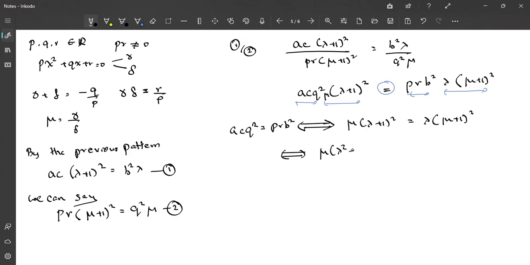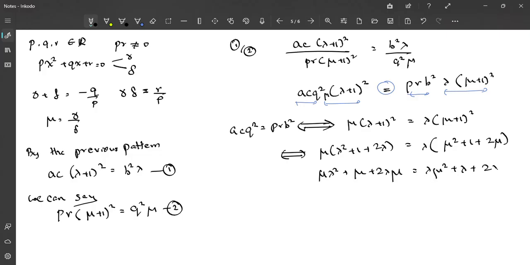μ(λ²+1+2λ) equals λ(μ²+1+2μ). Open the brackets: λ²μ + μ + 2λμ equals λμ² + λ + 2λμ. The 2λμ cancel off. Take everything to one side: this plus this minus this minus this equals 0.